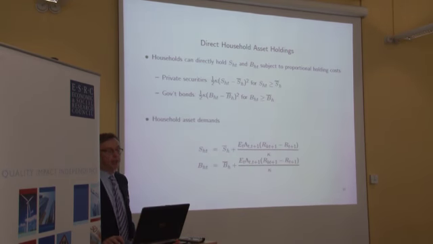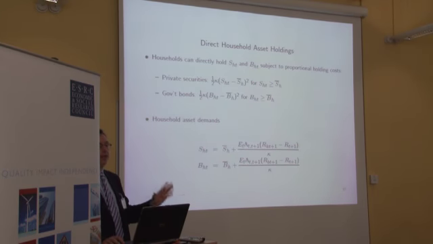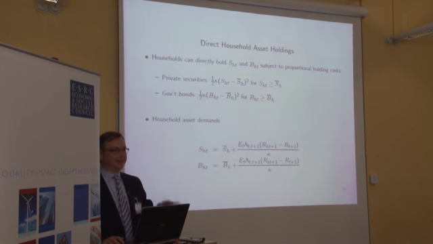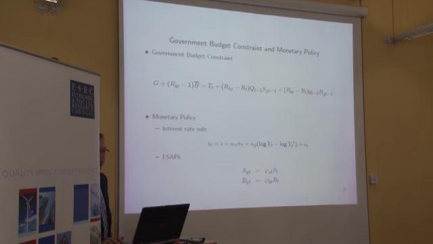We can extend the model to have direct holdings of assets by households to capture the data, but you have to have some friction at the margin in households acquiring assets, because if there's no limits to arbitrage in the households holding assets, then you're back to the model where financial factors don't matter and where QE doesn't matter. The rest of the model is standard, so I'm not going to talk about that.